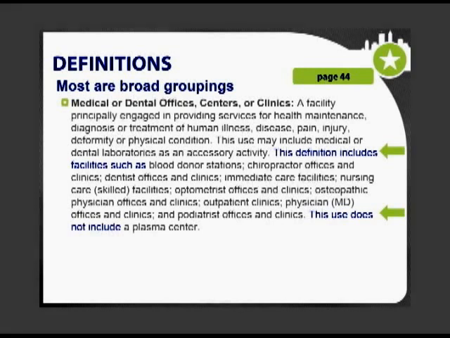Here's another example of a broad land use. And again, it has its definition of what it is. And then it does have the listing of examples of what's included. But this one also has a list, which only has one item, that identifies what's not included.